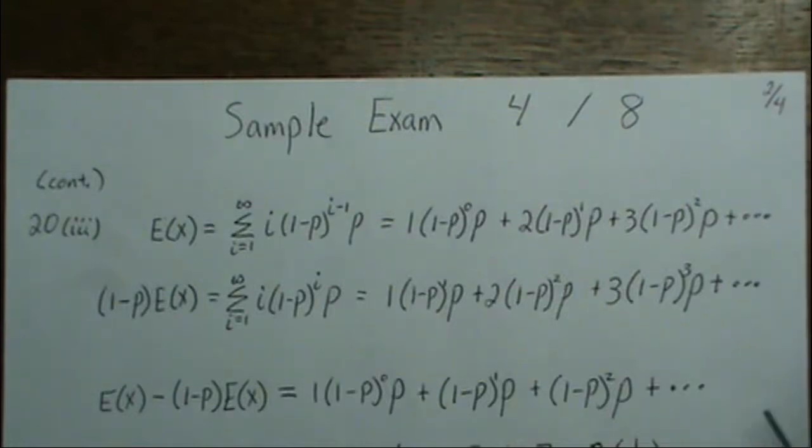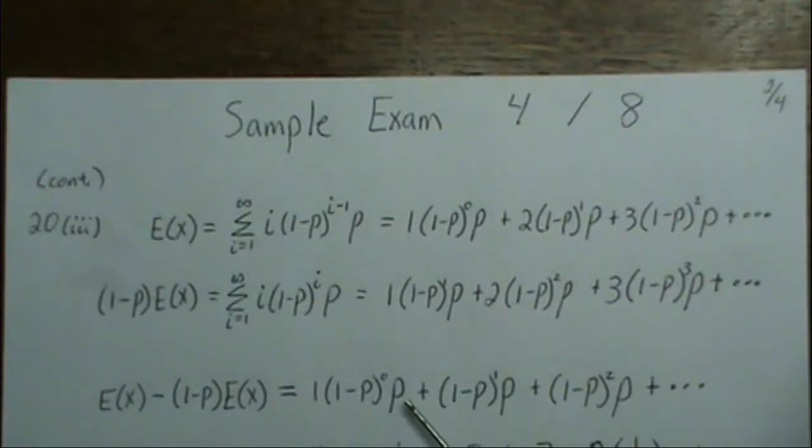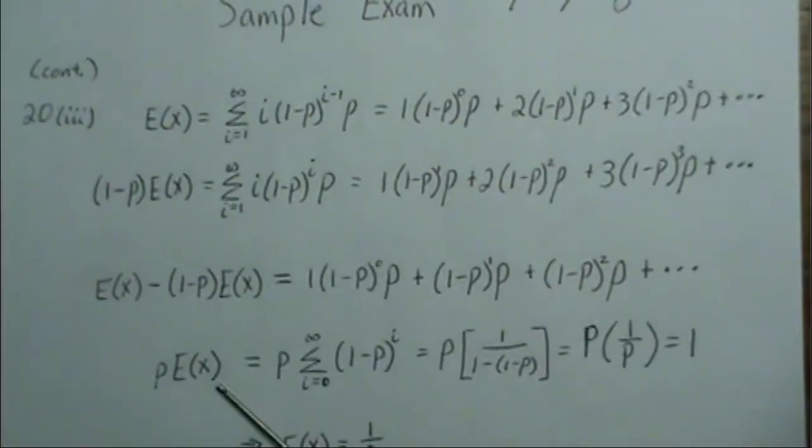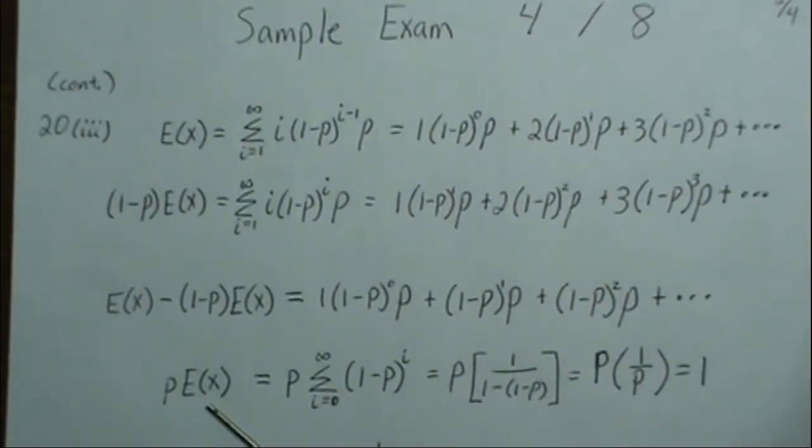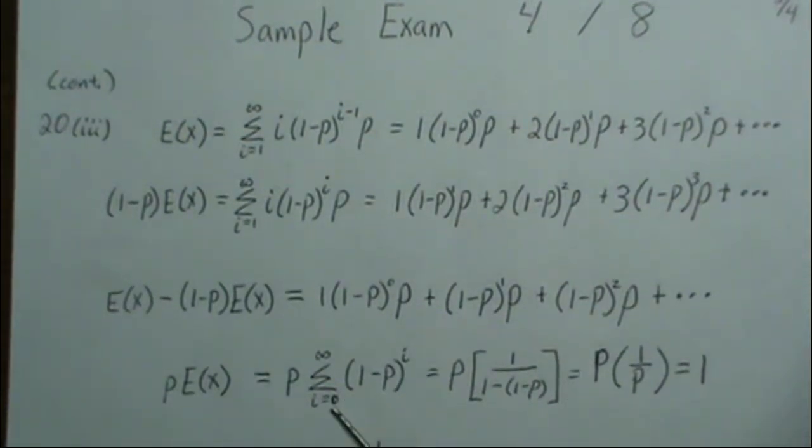Well, this side looks sort of like a geometric series if we factor out a p. And on this side, when you multiply that in and subtract, you get p times the expected value of x. And then we factor out a p, and what's left is this sum, and this ratio is less than 1, so it's a geometric series, 1 over 1 minus this value.